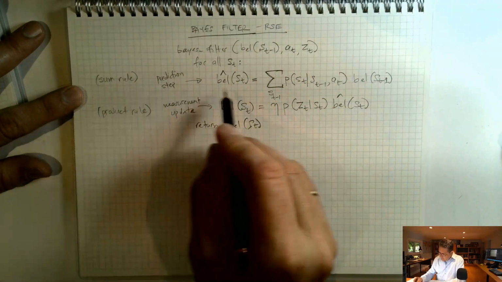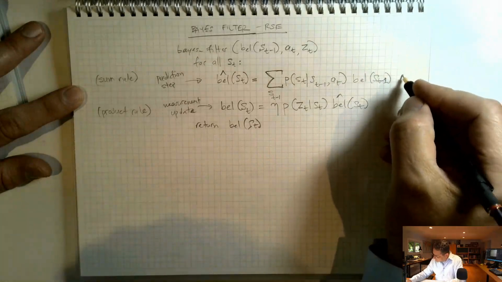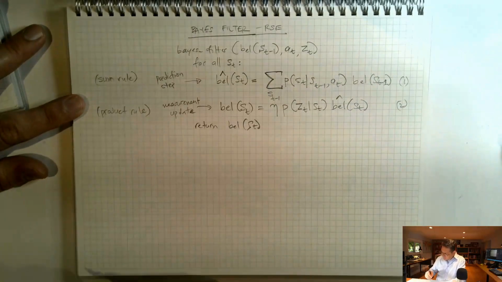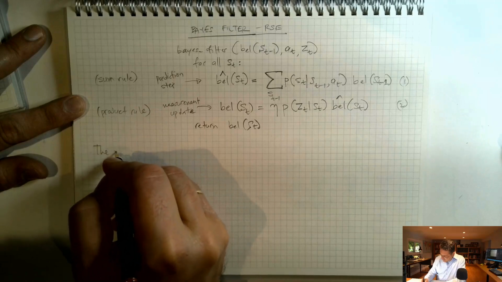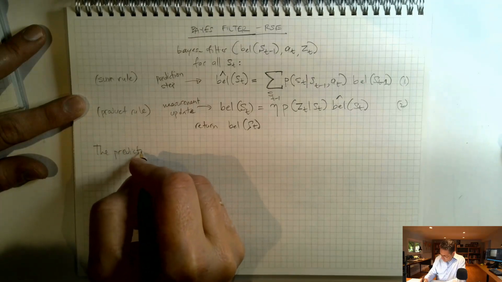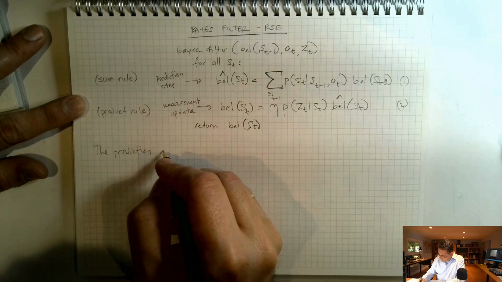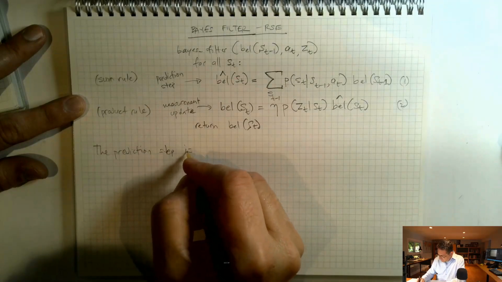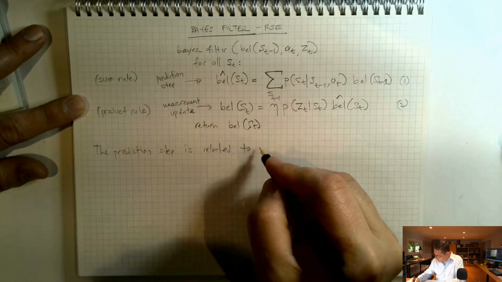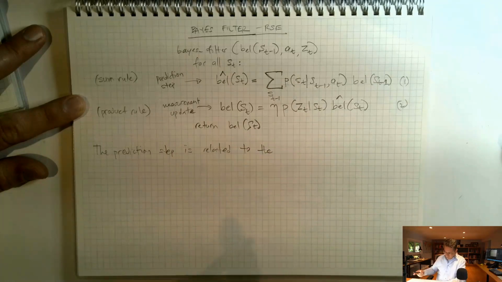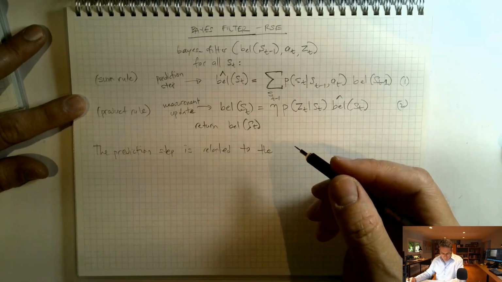But coming back to these two lines, let me call them 1 and 2. Line 1, the prediction step, is related to the sum rule, or the marginalization rule, if you like.